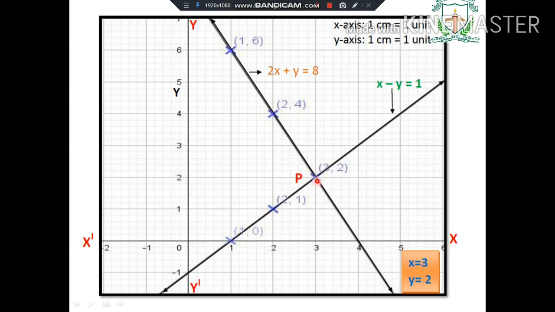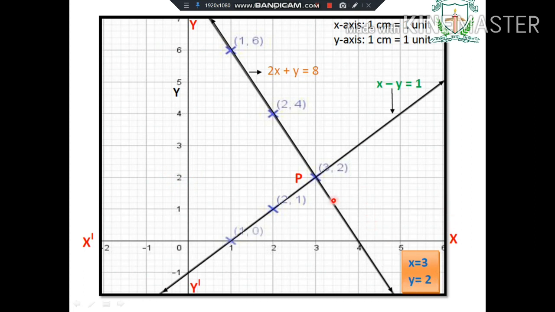From the point of intersection, call it P, draw a dotted line perpendicular to the y-axis. We reach here at 2. That means the value of y is 2. Right here y is equal to 2.